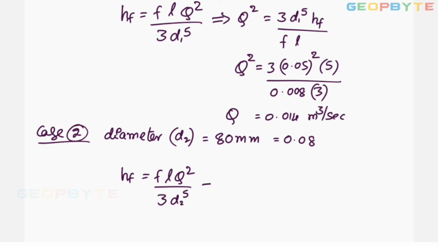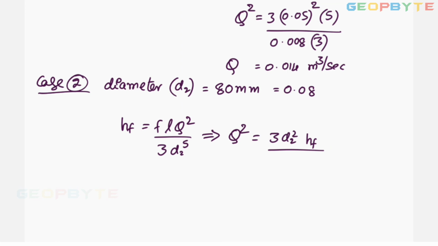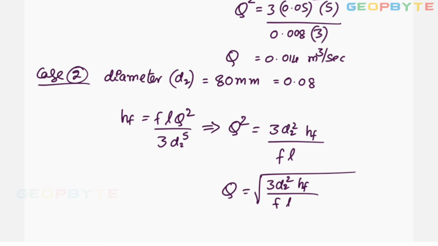This formula we already discussed. From this, Q square equals 3 D2 power 5 into HF divided by FL. Then Q equals root over 3 D2 power 5 into HF divided by FL.